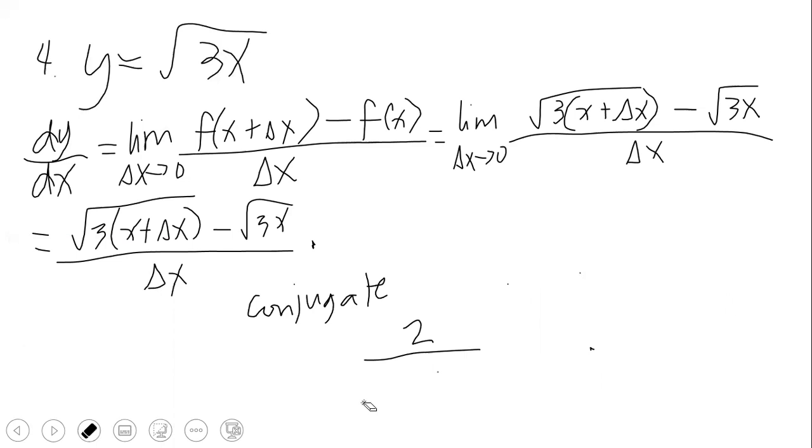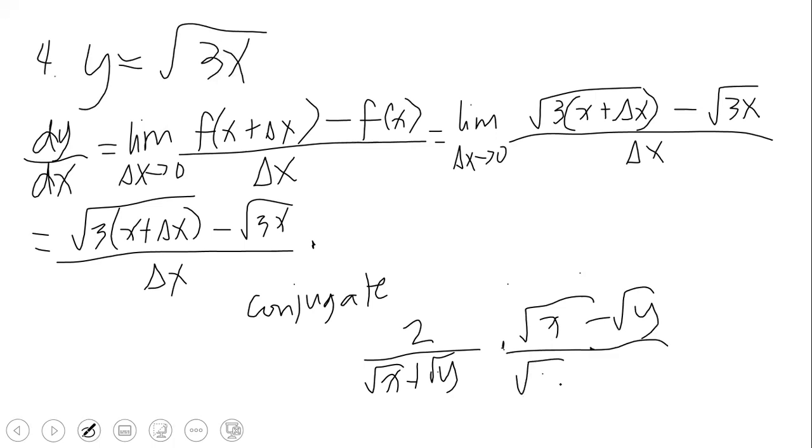Example, we have 2 over square root of x plus square root of y. Kailangan natin i-multiply by its conjugate, no? So yung opposite naman. So that will be square root of x minus square root of y over square root of x minus square root of y.